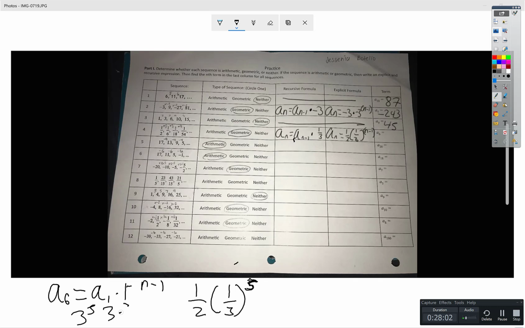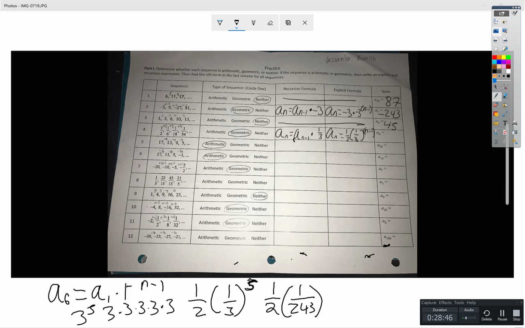That's 3 times 3 is 9, times 3 is 27, times 3 is 81, times 3, 81 times 3, we just said that is 243. So that's 1/2 times 1/3 to the 5th power. That's 1/2 times 1 over 243.